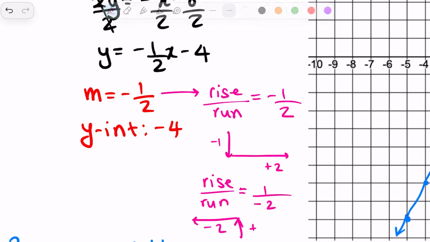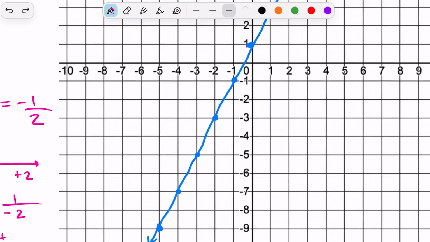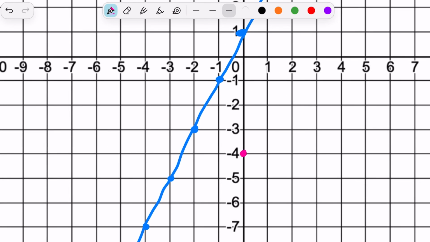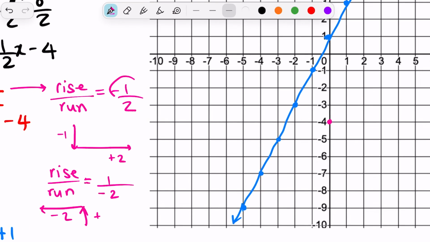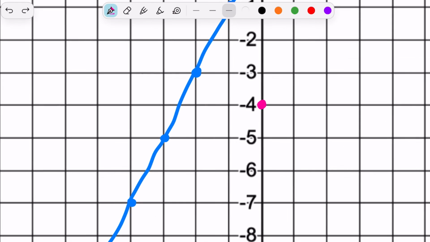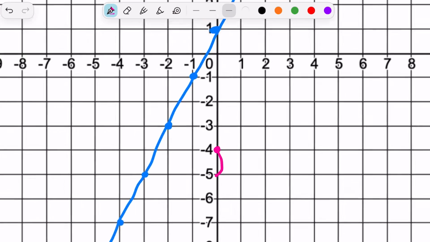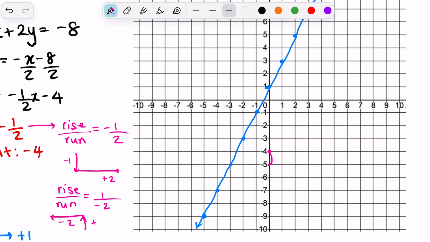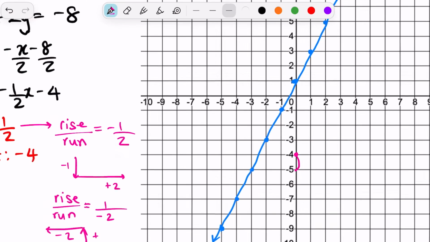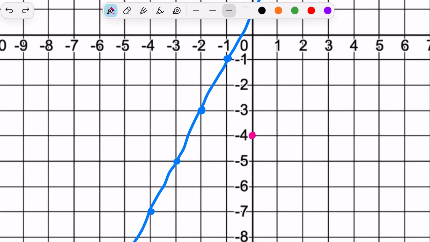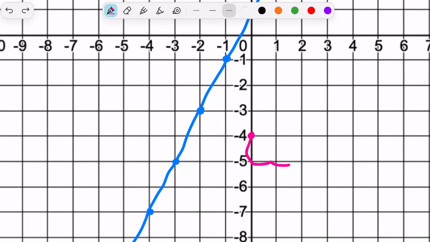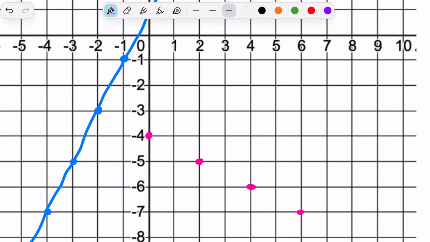And our y-intercept is -4, so let's plot that point. Y is equal to -4, that's right here. And then our slope tells us to go down 1 unit and then to the right by 2, so that's going to be like this. So down 1, right 2, like this.